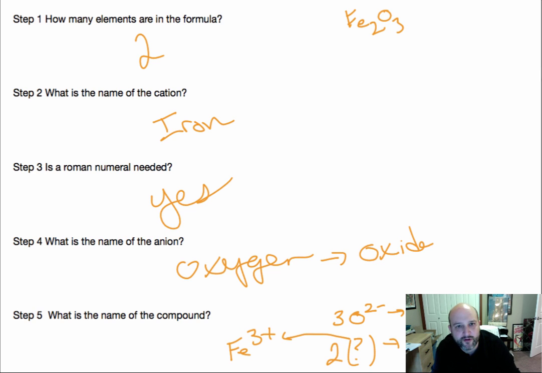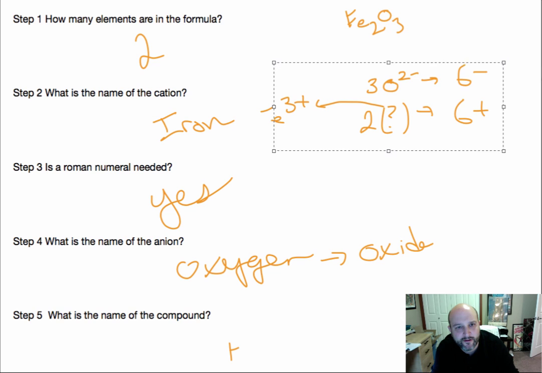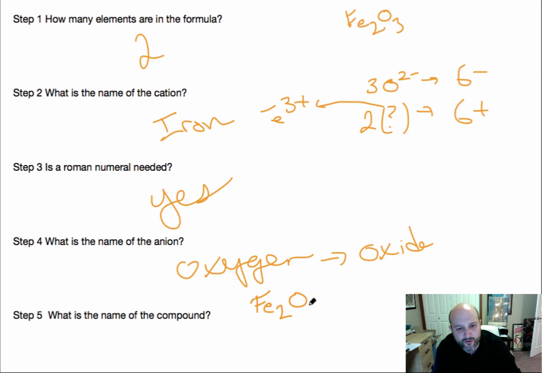I will cut this out and move it so that you can still see it, but I'll have some room to write here. So if it is Fe2O3, we know this is iron something, that's oxide, and the question is which iron it is. Another thing you can do is called the reverse crisscross applesauce method.